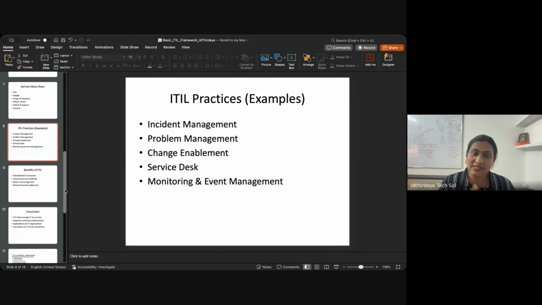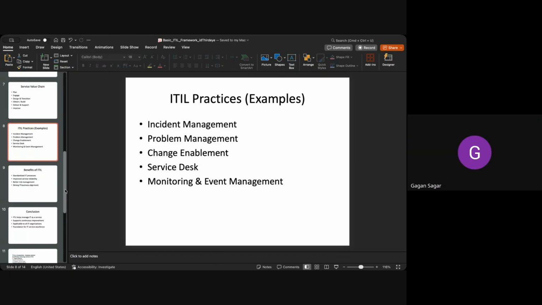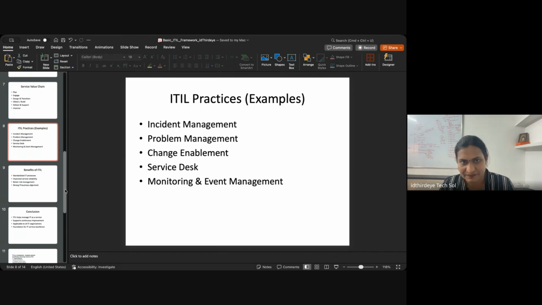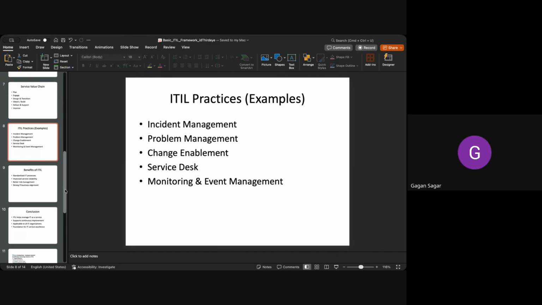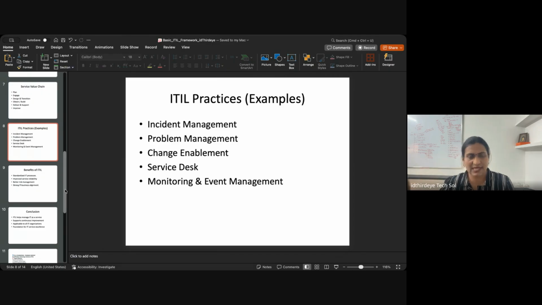That is only the IT support functions. If anything on the budgeting, the account side, or the sales side, that has a different department altogether. So the sales team will be separate; they don't come under IT. They are completely a sales team who is not a part of IT at all.